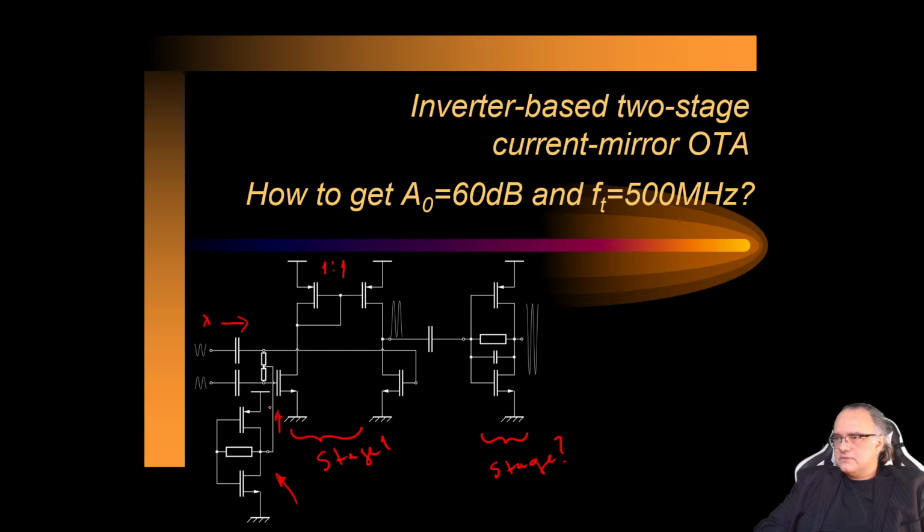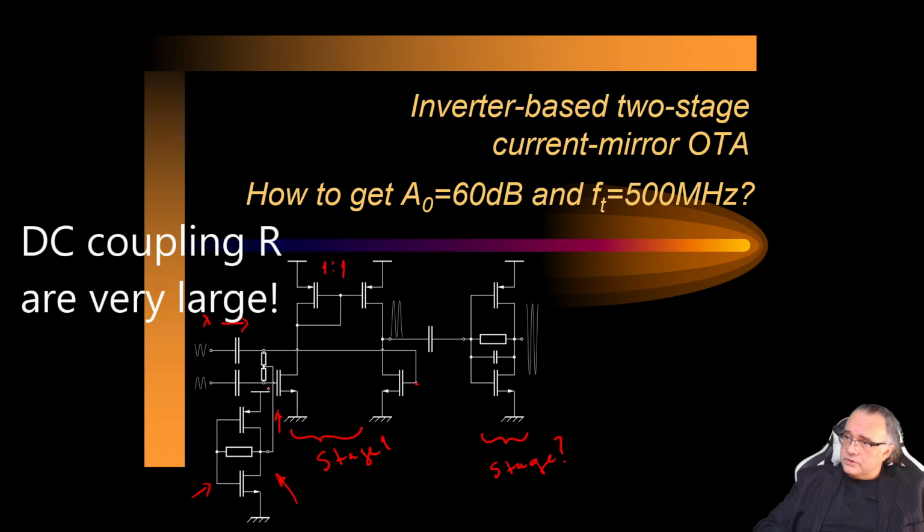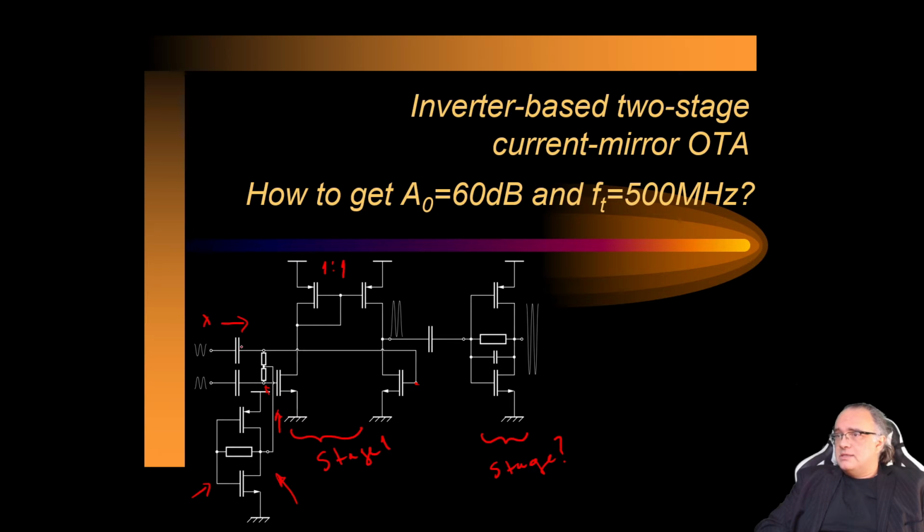For DC signals, we get the biasing from this bias generator block, and then we couple it through some resistors to these nodes. In this way, the input pair transistors are biased at a proper operation point, and with the AC coupling capacitors, we get the AC component of the input signal.